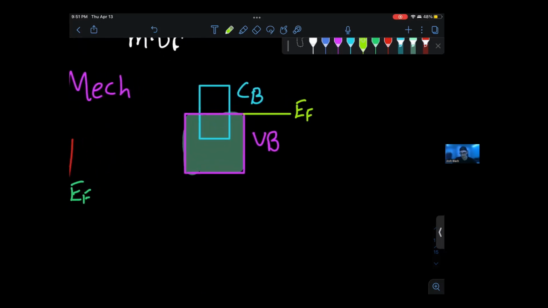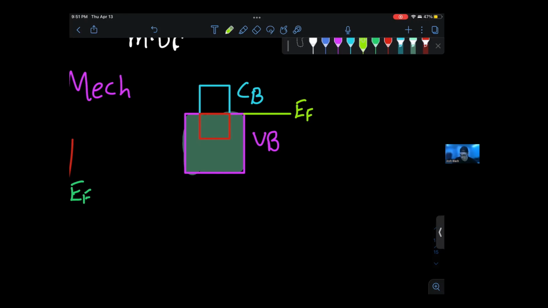Now, if we zoom in, we would see that in this box here, all of these electrons can be considered conductive electrons, right? But the electrons near the top of the conduction band have more energy than the electrons near the bottom of the conduction band, right?